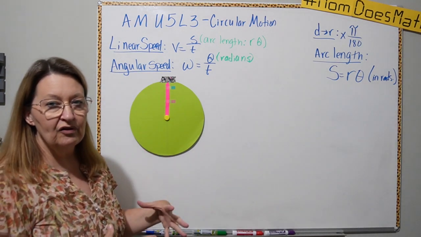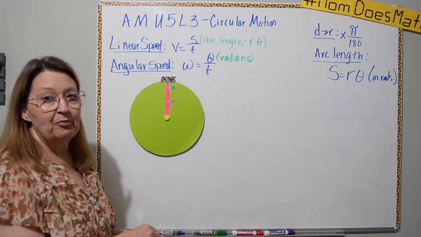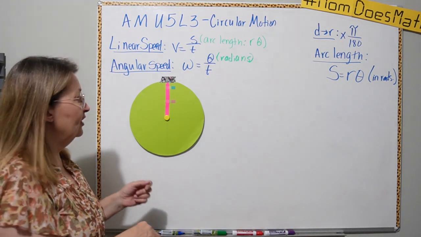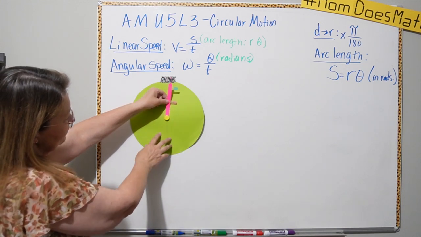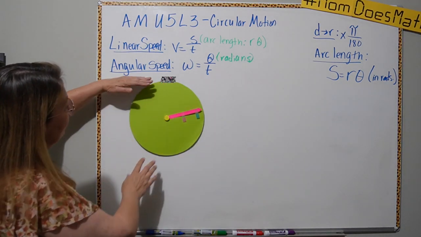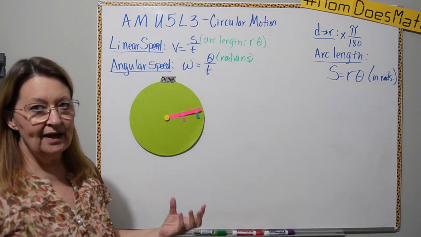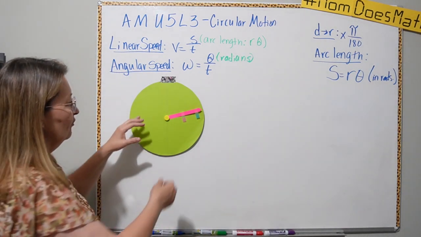You know, it's like if you're running on the track and you don't want to be the outside person, you want to be the inside person because you don't have quite as far to go. So the pink flag doesn't go as far. Now, if we're talking about the angular speed, that is the rate of change of the angle itself.